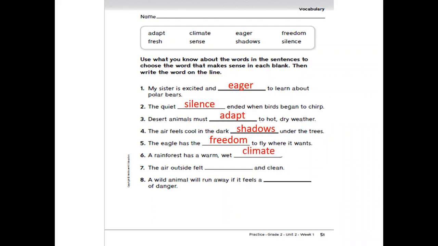Climate means the temperature or the amount of rain. The air outside felt fresh and clean. It's new, it's fresh and clean. A wild animal will run away if it feels a sense of danger, because sense means feeling about something.